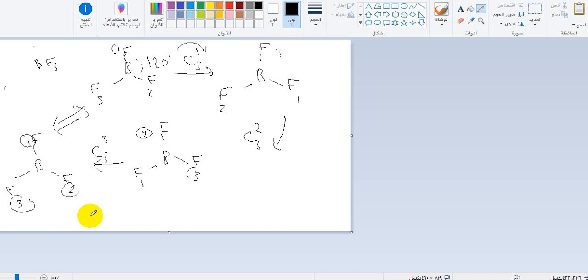We can say C3^3 equals identity. Equal to identity. Okay, what's identity?